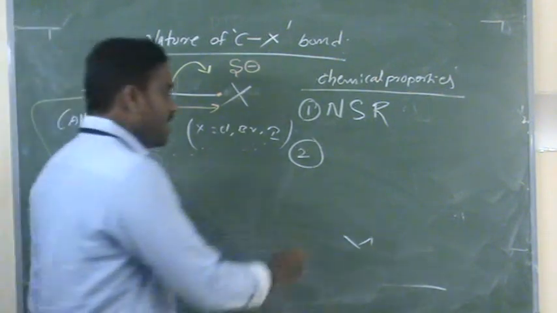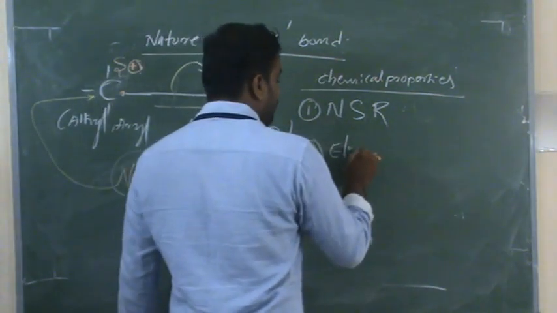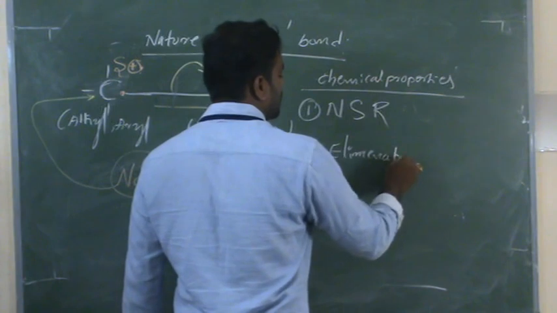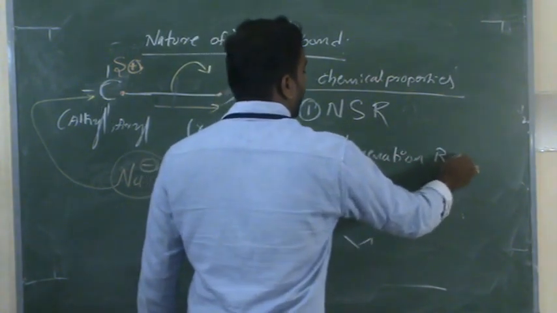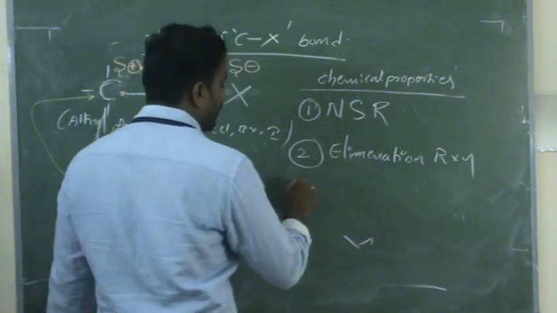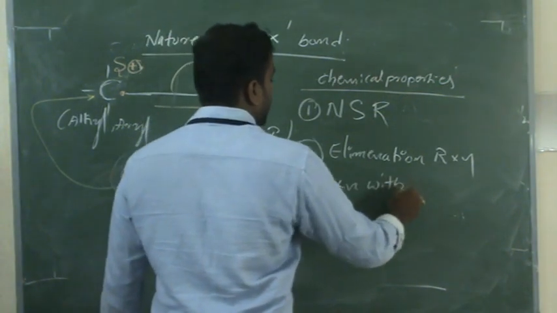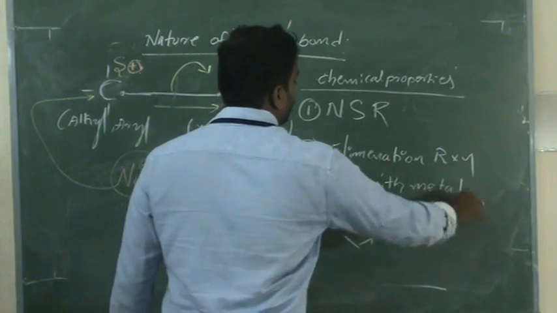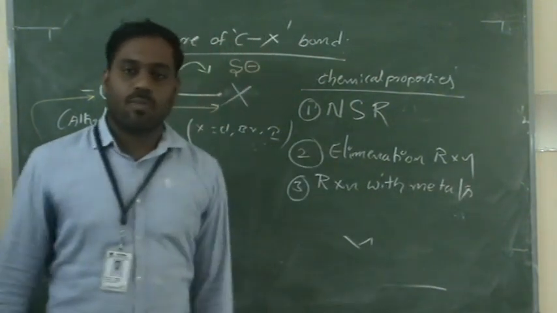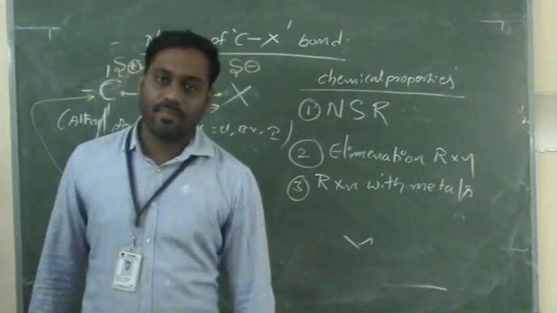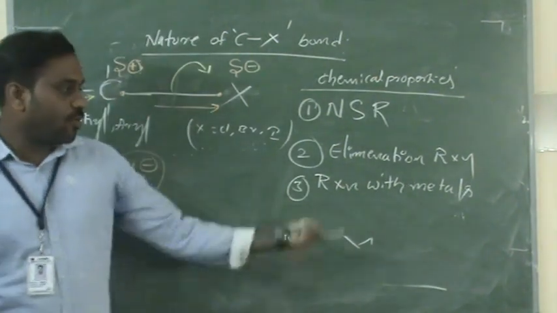And elimination reactions are also exhibited by these haloalkanes. The third one is reaction with metals, like more electropositive metals, maybe sodium or magnesium, such types of metals.